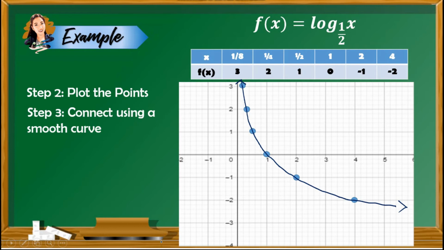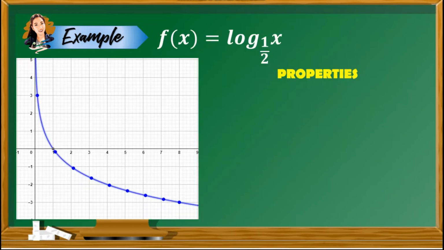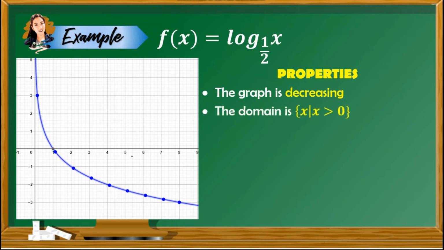Now, let us find the properties. So for this function, as you can see, as x increases, y decreases. Therefore, the behavior is decreasing. This happens when the base is between 0 and 1. Next is for the domain. As we can see, the values of x are found at the right of 0. Therefore, the domain is x is greater than 0.